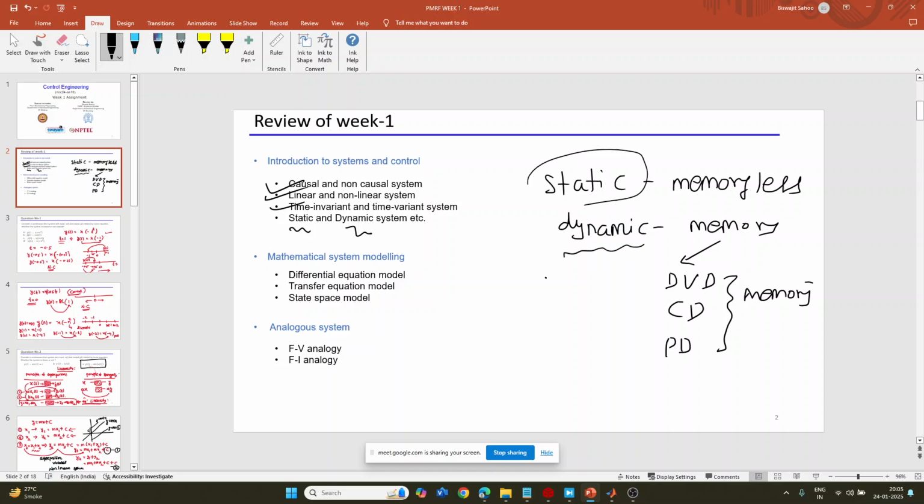A static system is memoryless, it doesn't have memory. It means the present output always depends upon the present input. They don't depend upon the past or the future, because otherwise they would have to store some memory. That's why they are static systems: your present output depends upon your present input at that instant of time. It doesn't have a memory.